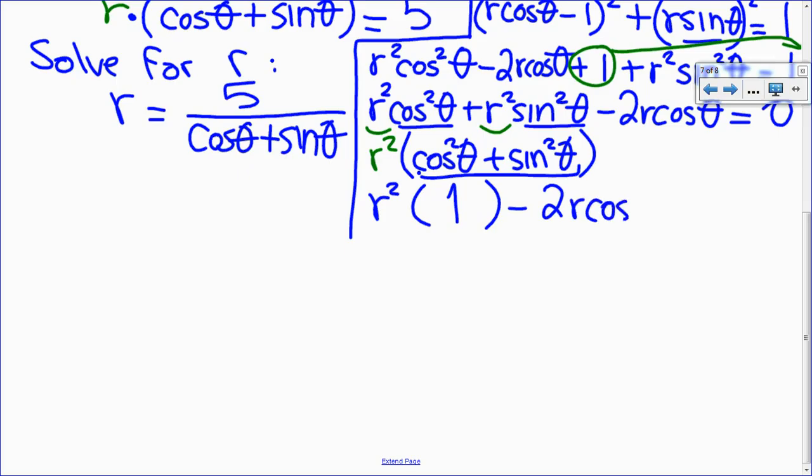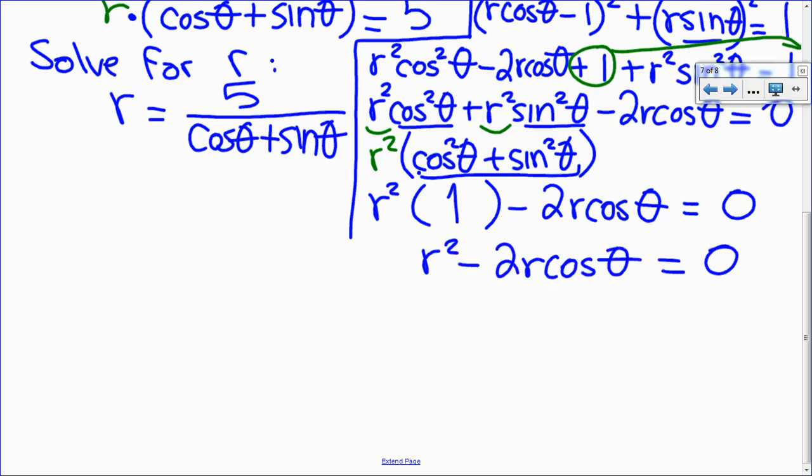Isn't this also equal to the double angle cosine? That one will have a minus. Yes, it's very similar, with a minus. And so right here we have r squared minus 2r cosine theta. Is there something we could factor out? You could factor out r. Yes, because right here we have r to the first power.